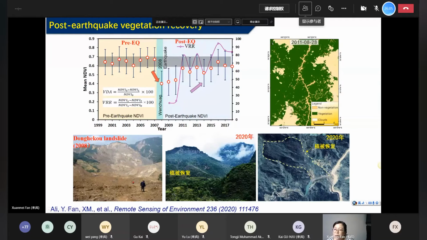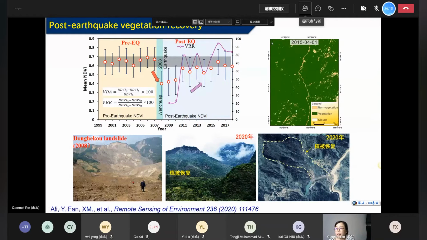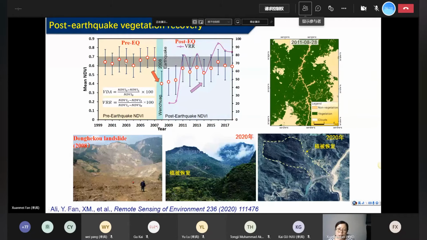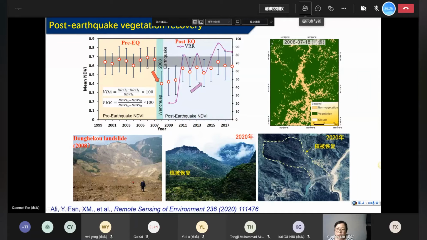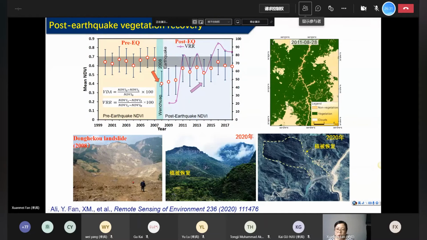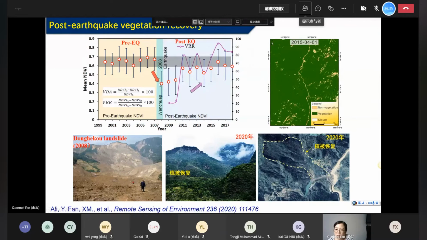And then we did a Landsat imagery analysis. You can also see this region become revegetated over time. And if we do NDVI analysis with time for pre-earthquake data and post-earthquake data, you can see the earthquake-induced landslides destroyed a lot of vegetation, causing the NDVI to sharply decrease during 2008.